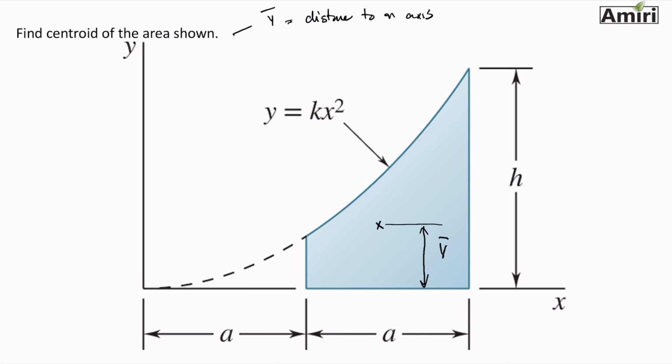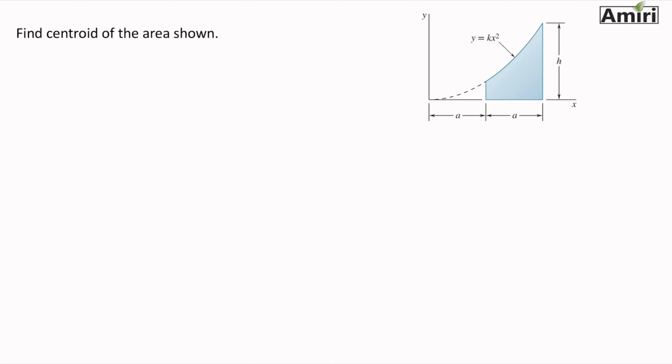This will be y bar, and then x bar, or if you want to use capital X bar, will be the distance to the y axis. Remember, these are opposite of each other. So this will be x bar. So the problem is asking to find the location of the centroid, the location of this point.